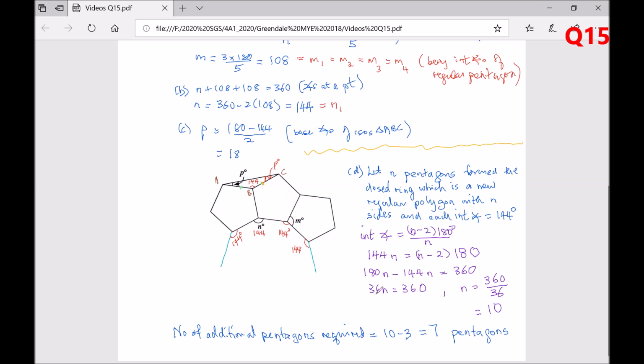So that works out to 36n equals 360, hence n is 10. Thus, the number of additional pentagons required equals 10 minus the initial 3 pentagons, which is 7 pentagons. So we've come to the end of the question.